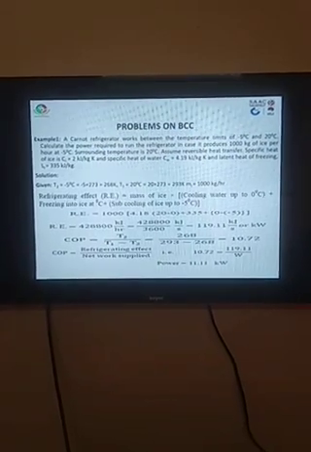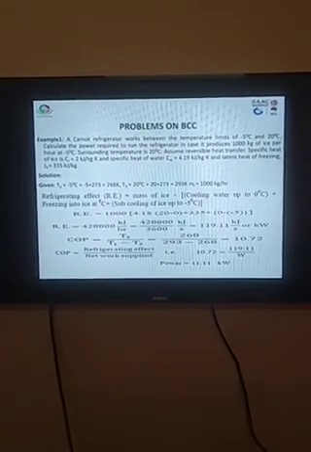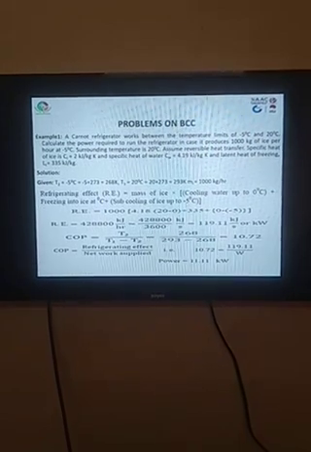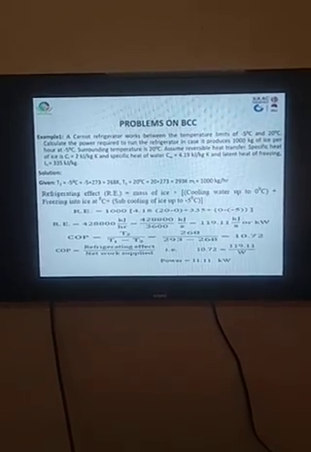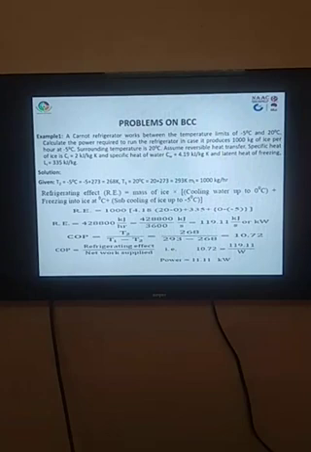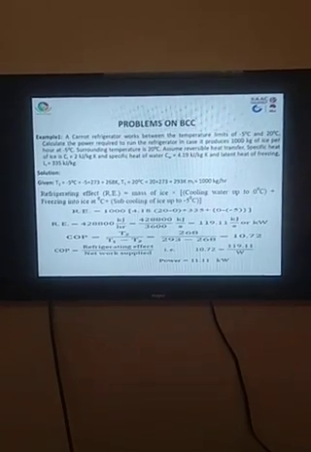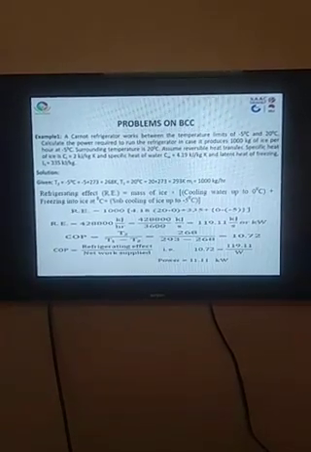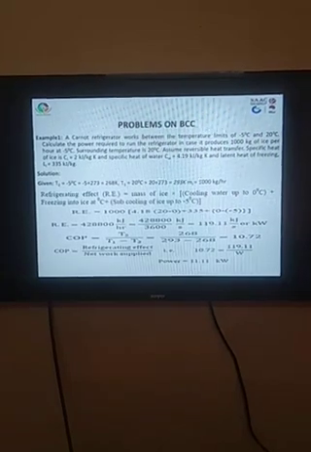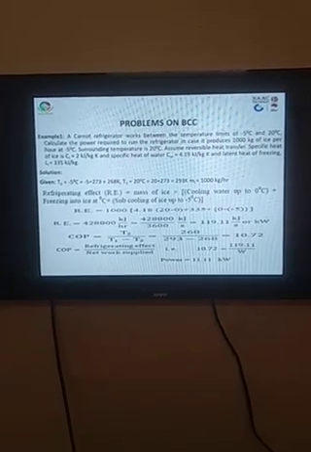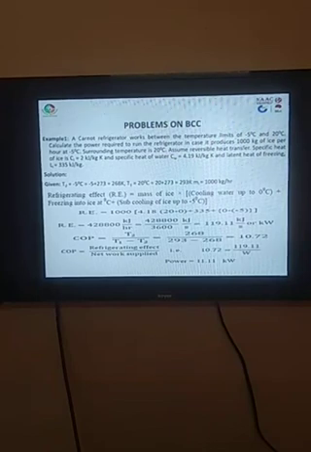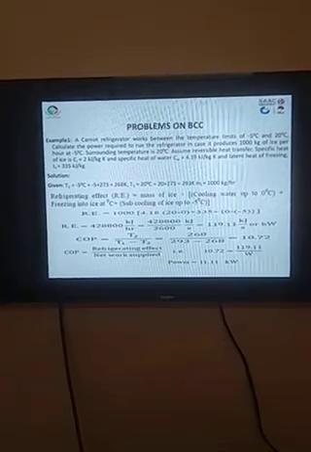That heat we have to remove, plus the temperature that we want to maintain on the ice side, which is minus 5. So from 0 to minus 5 degrees centigrade, we have to remove the heat. By adding all these three heats, the net refrigerating effect is calculated.